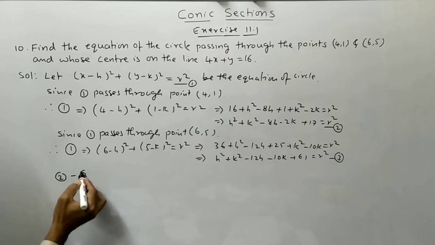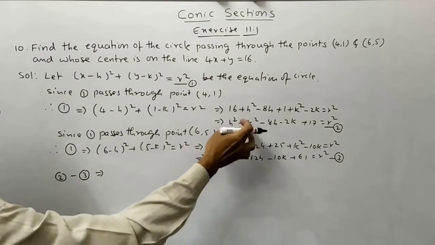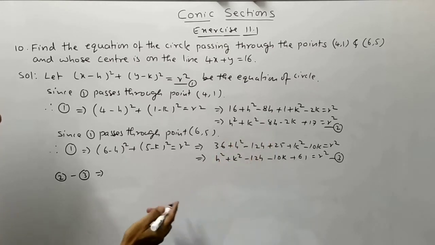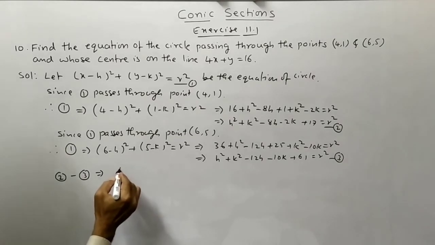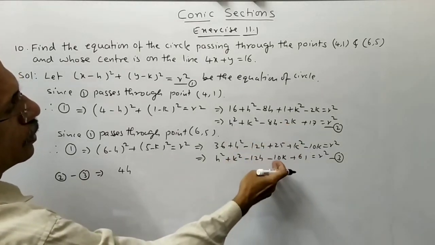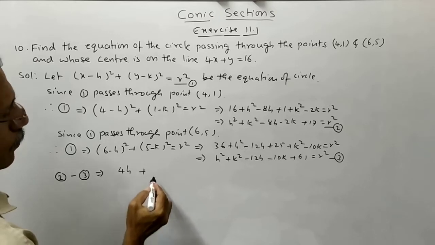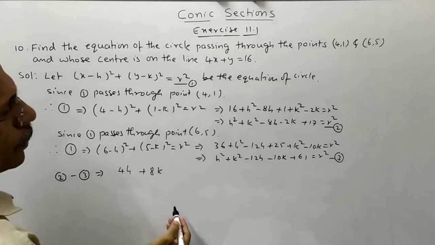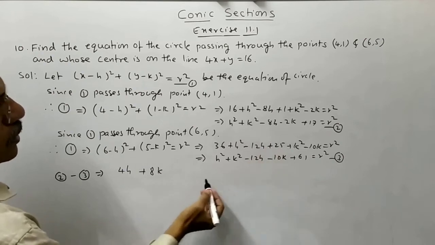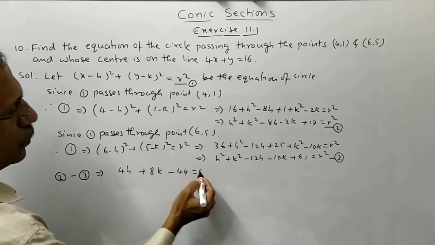2 minus 3 implies h² minus h² is 0, k² minus k² is 0, -8h + 12h, that is 4h, -2k + 10k, that is 8k, and 17 - 61, that is -44, is equal to 0.